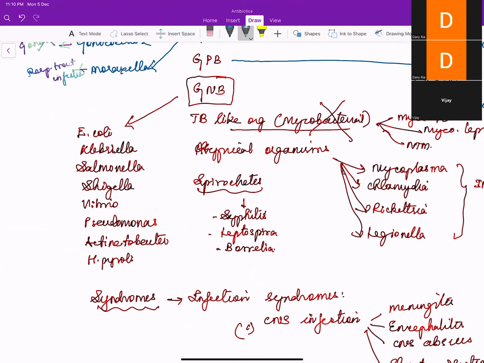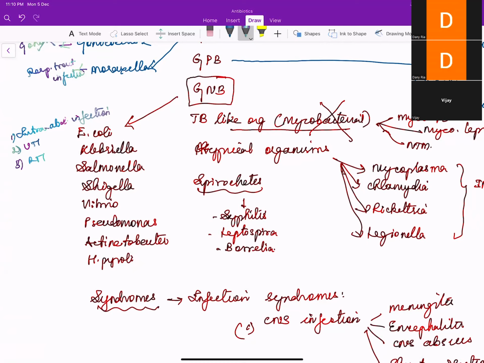Below the diaphragm, we have intra-abdominal infections: diarrhea, enteritis, colitis, abscesses, peritonitis. Then even urinary tract infection is below the diaphragm: pyelitis, nephritis, cystitis, urethritis.